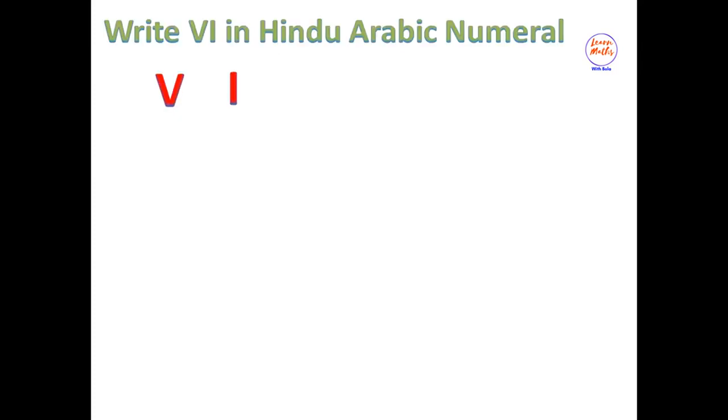Write VI in Indo-Arabic numeral. Now let's write out the number equivalent of the Roman numeral. Our V is 5, I is 1.